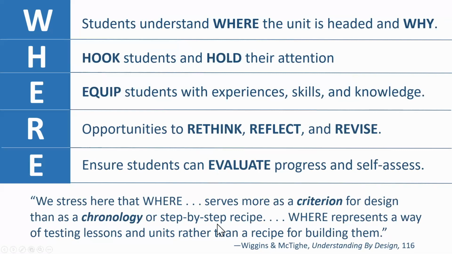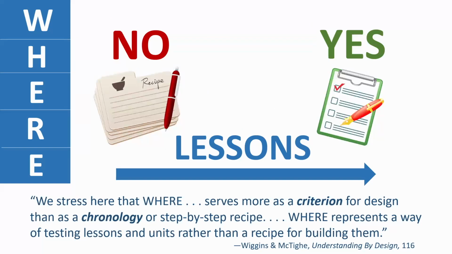We stress here that the WHERE acronym serves more as a criterion for design than a chronology or step-by-step recipe. WHERE represents a way of testing lessons and units rather than a recipe for building them. So there's a natural flow to the WHERE, but this is not the steps of a class; it is the criteria that you use to judge a class, like all these elements here.